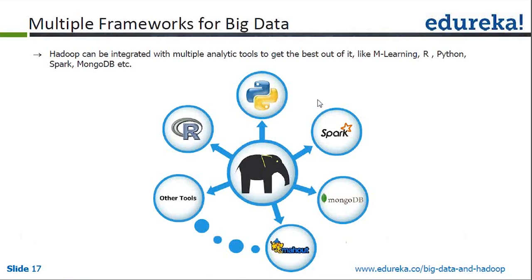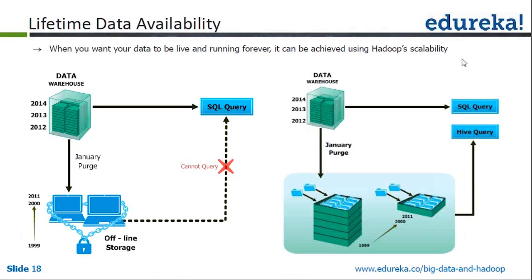So going back to the slide again, another reason for using Hadoop is that it can be used along with multiple frameworks. It can be used with Spark, with Python, with MongoDB, etc. It generally can be used with a lot of things. And one more thing, Hadoop itself has internal SQL query tools like Hive.